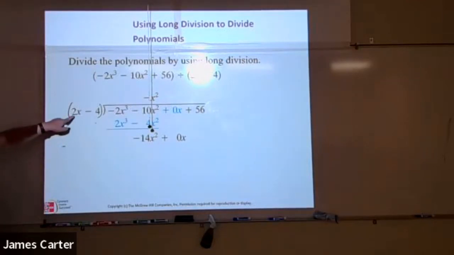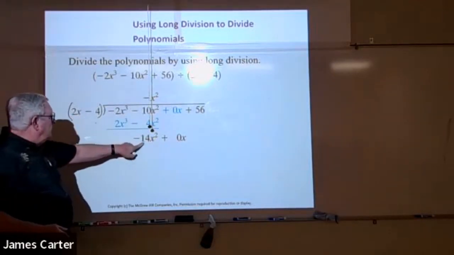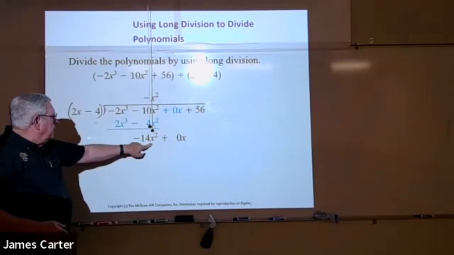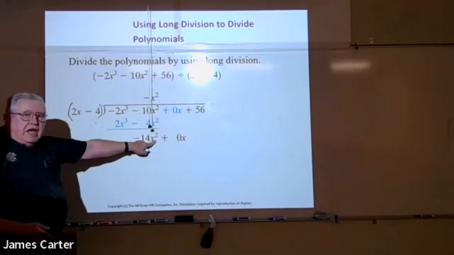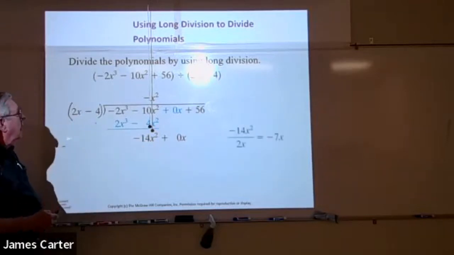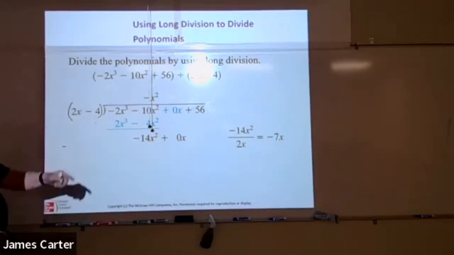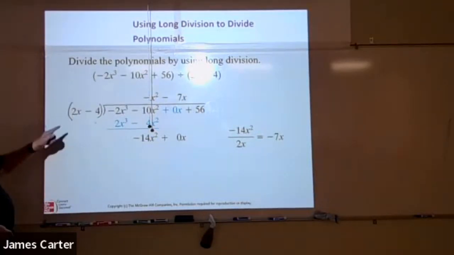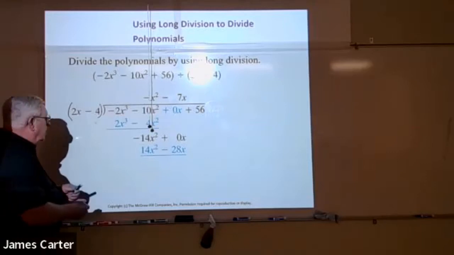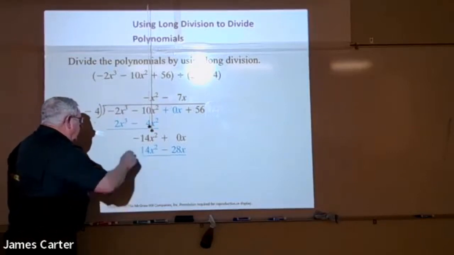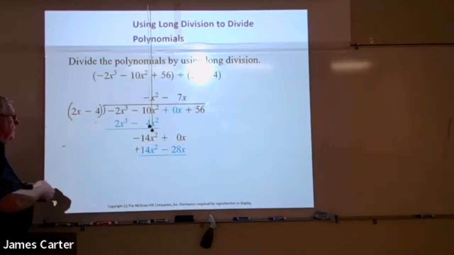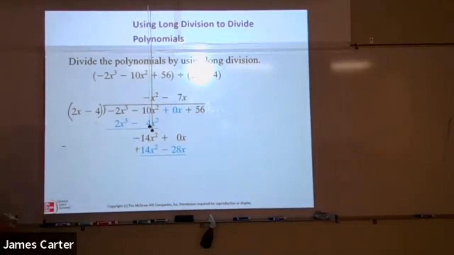I do my estimation again. What do I have to do to 2x to get this? Negative 7x. So here we put that in. So I distribute, and I get that. There's a plus in front of this. And so these two will wipe out like they're supposed to.